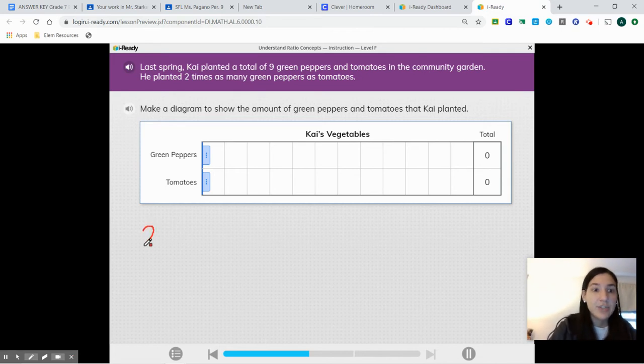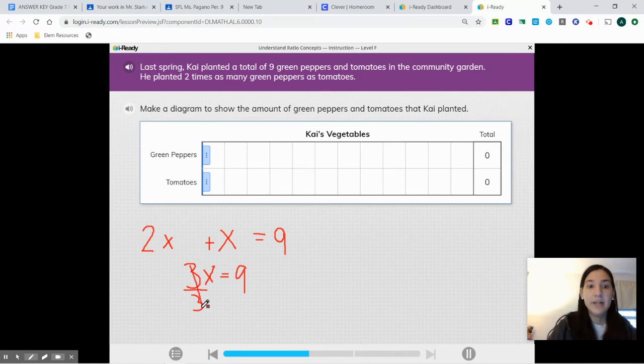Okay, as 2x plus x, where x represents the amount of tomatoes, and we know it has to equal 9. We're going to add these two together. So 2x plus 1x is going to give us 3x equals 9. And now we're going to divide both sides by 3 to give us an answer of 3. So x is equal to 3.